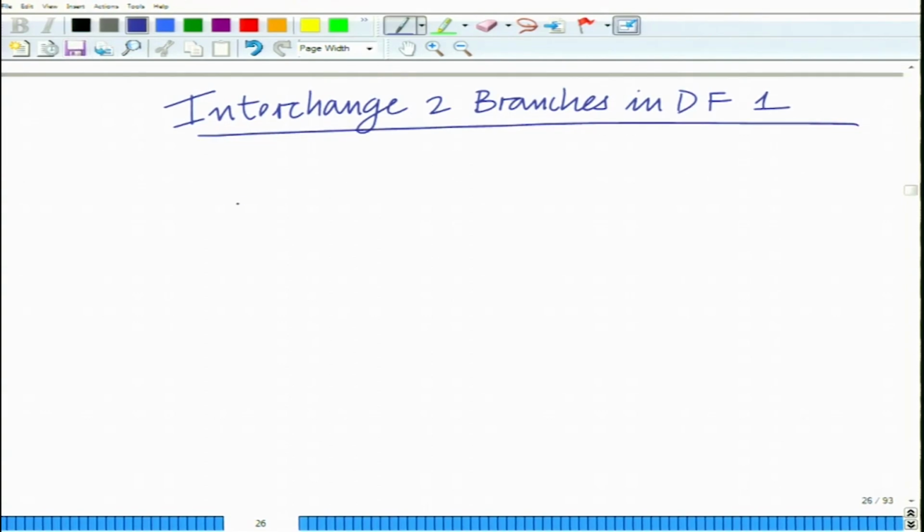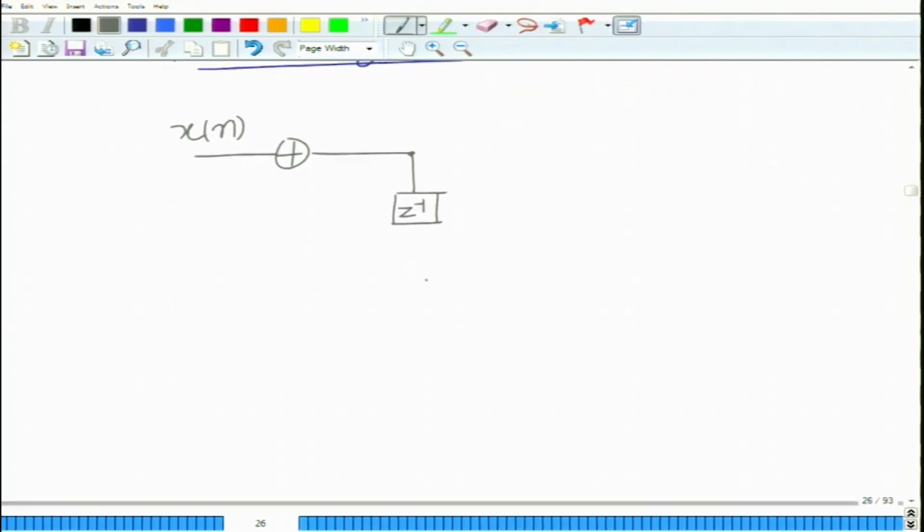When I interchange the two branches, I will have x[n], let me just draw this again, and I have an adder, okay, and that will give me z inverse.